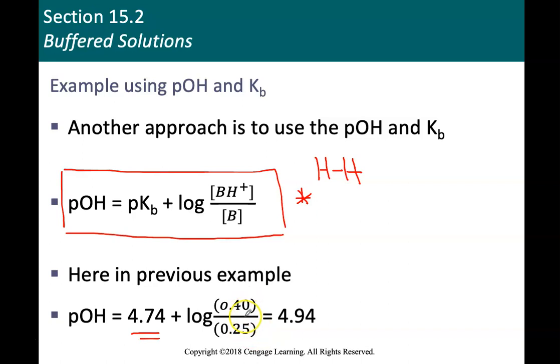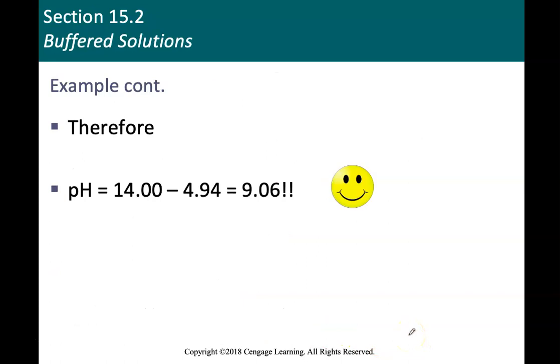It is exactly the opposite of the ratio from the pH formula. So this one is now the numerator, and this one goes to the denominator. So evaluate this ratio, take the log, and then add it to 4.74. That's the value, 4.94.